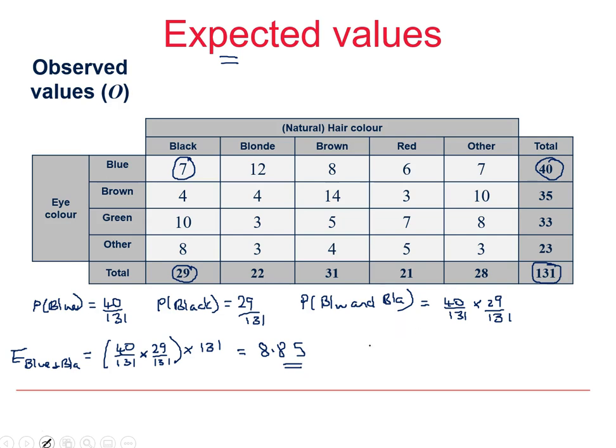And notice that our probability here multiplied by the grand total can be simplified, and you can see that we simply have the row total 40 for blue eyes multiplied by the column total 29 for black hair divided by the grand total, and that's how our expected frequency will be evaluated.